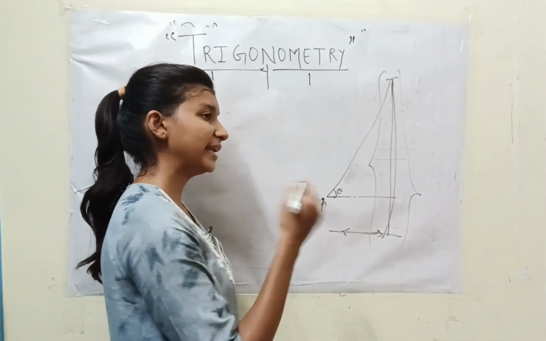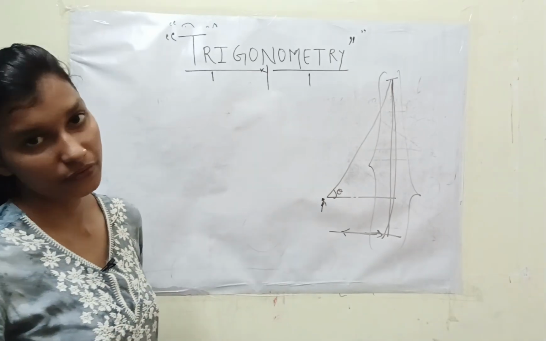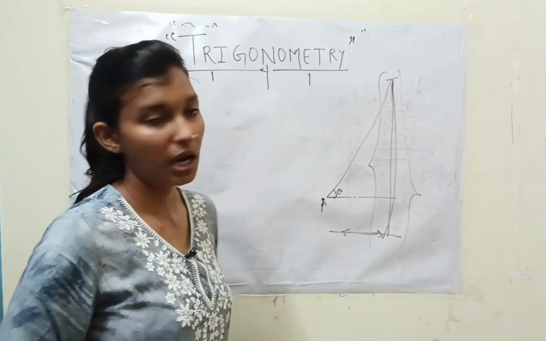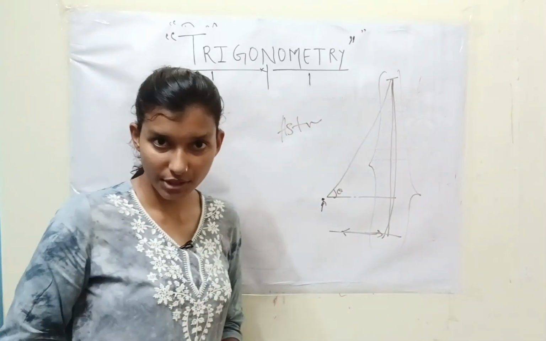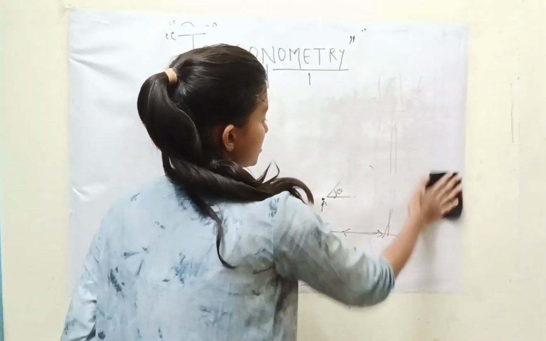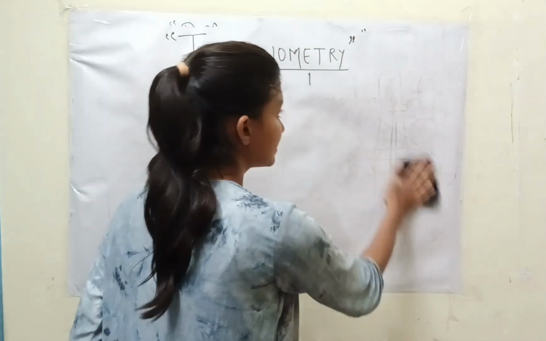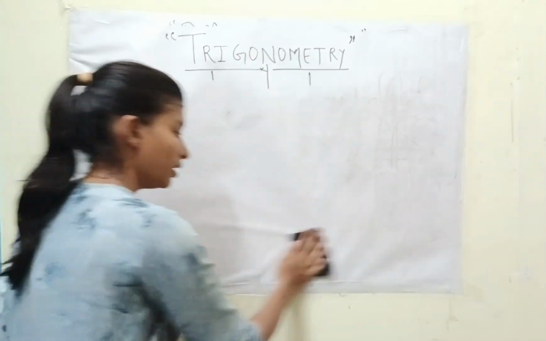And many other things, like how microscopes work, how telescopes work, how astronauts use trigonometry to decide the position of stars and the position of planets. So trigonometry is widely used in real life.